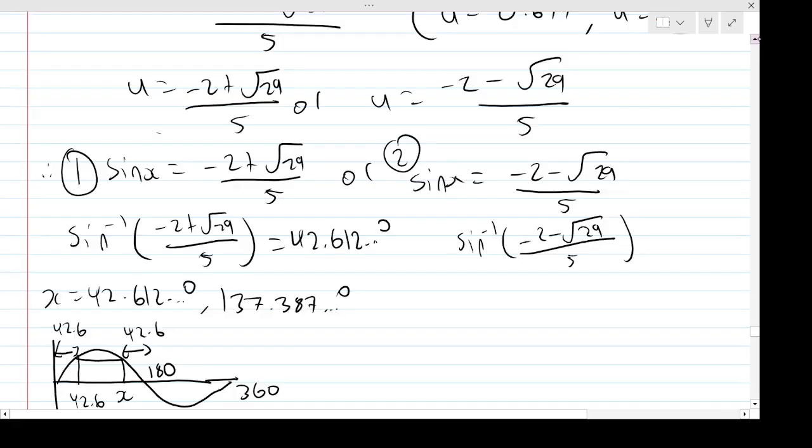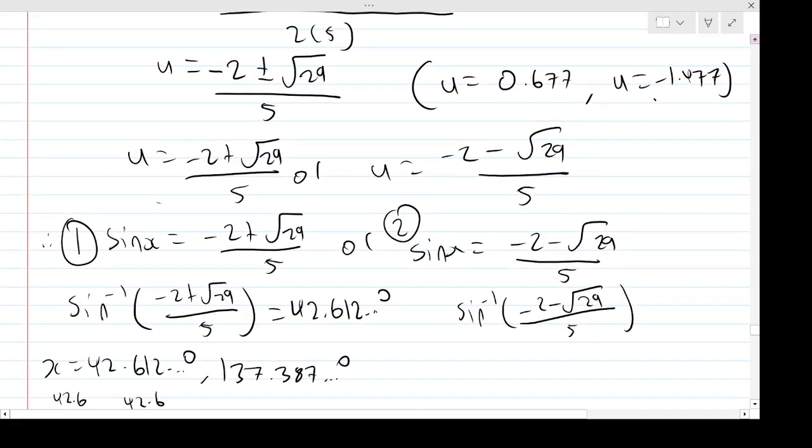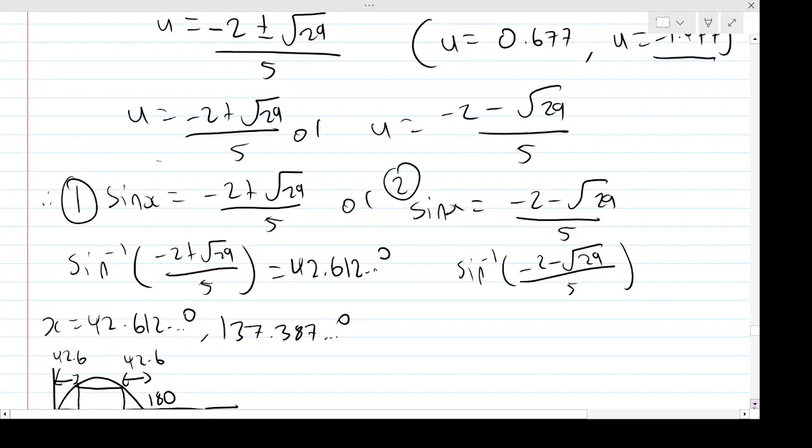This fraction is equivalent to minus 1.47. Hopefully you can spot what the issue is going to be here. If I do that in a calculator, I get a math error, okay? So it's undefined.